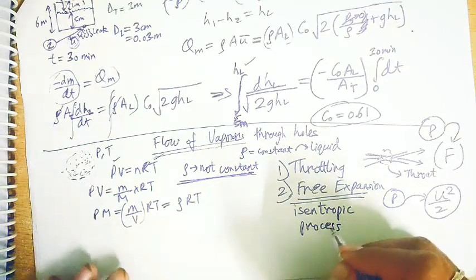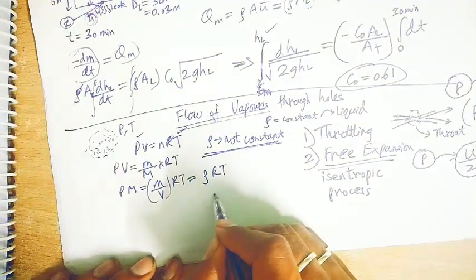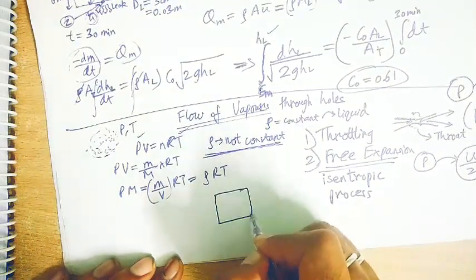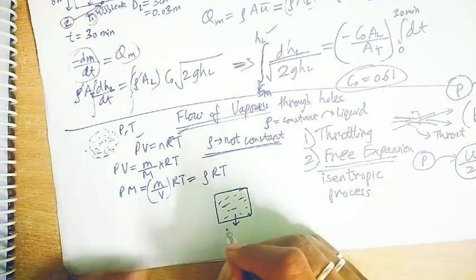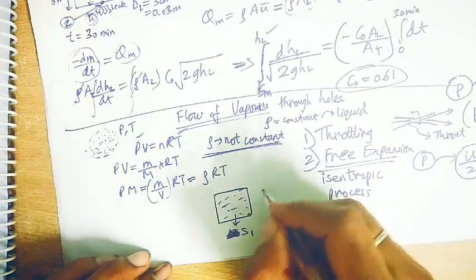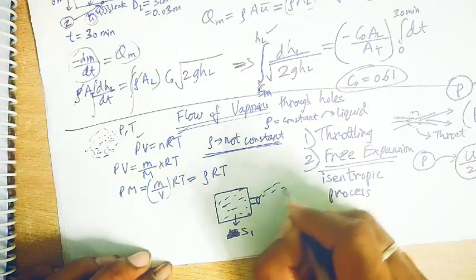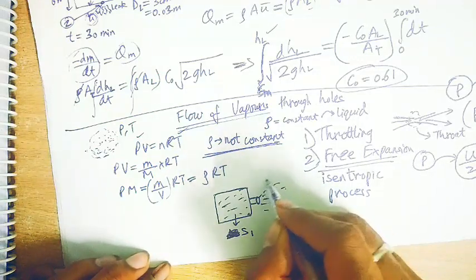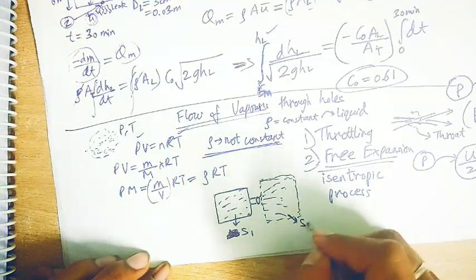Now you don't have to fear what it is really. Just consider that we have some vapor in a particular vessel. Isentropic means entropy is constant, that is delta S, or let's say this is S1, and there is a hole of particular diameter, and this vapor moves out in such a way that the system is considered as S2.